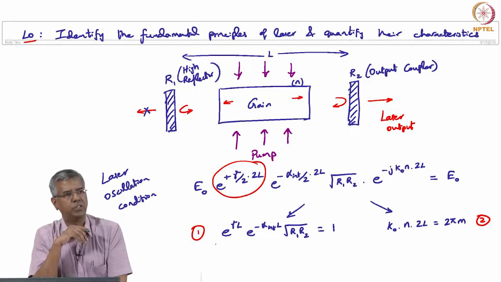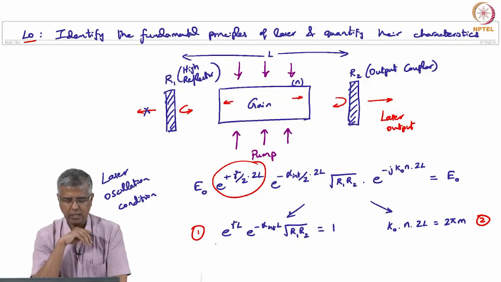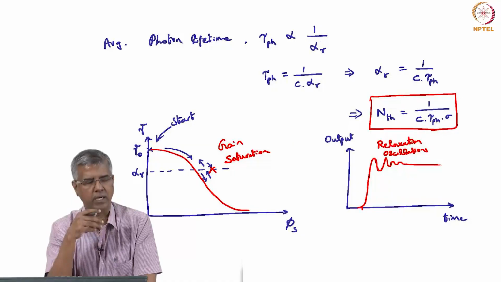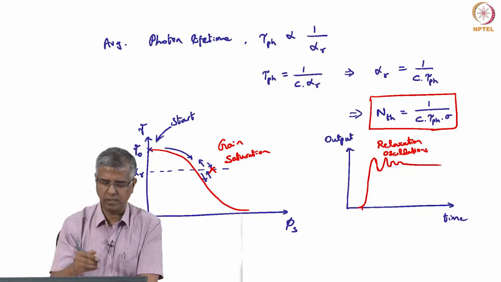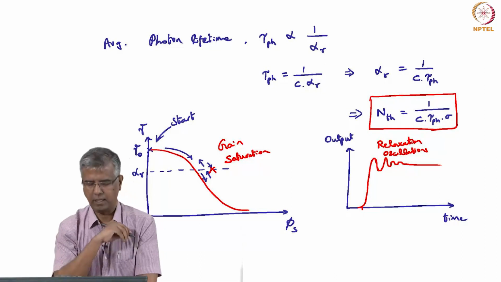the saturation of the signal photons, or the saturation of the gain inside the cavity. We said we may start at a relatively high inversion, which corresponds to a relatively high small signal gain, given by gamma naught.